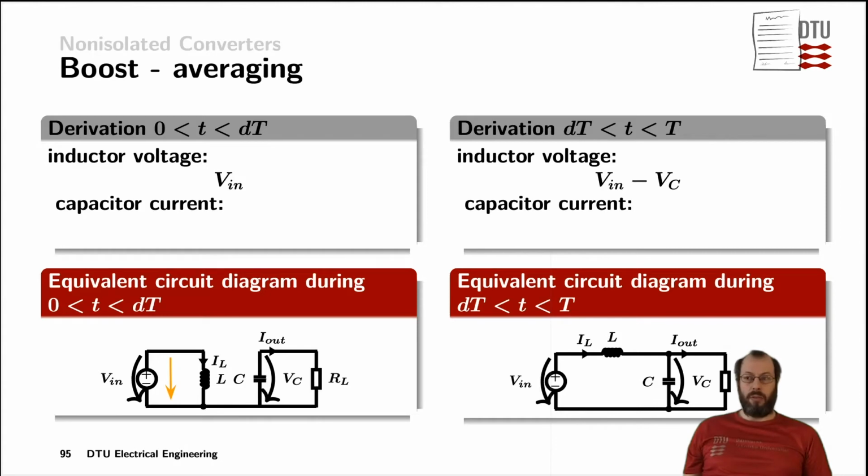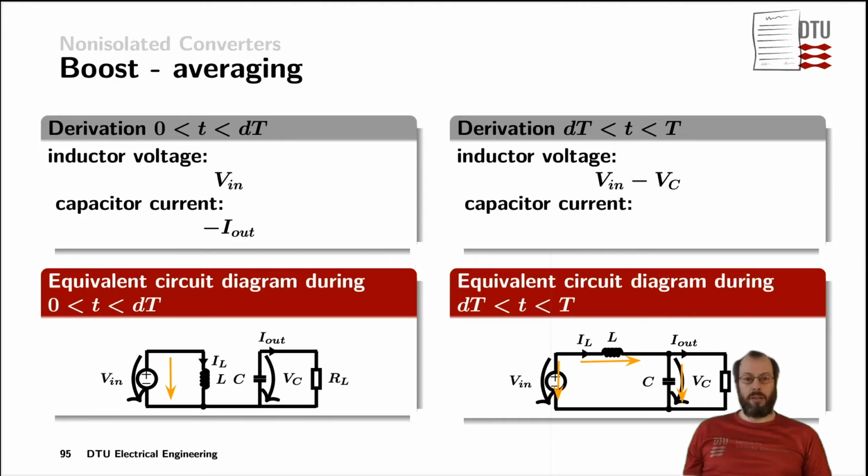During the off time of the switch, Kirchhoff's voltage law is applied by having the input voltage on the left-hand side of the inductor and the capacitor voltage on the right-hand side of the inductor. That means VL, the voltage across the inductor, is the input voltage minus the capacitor voltage.